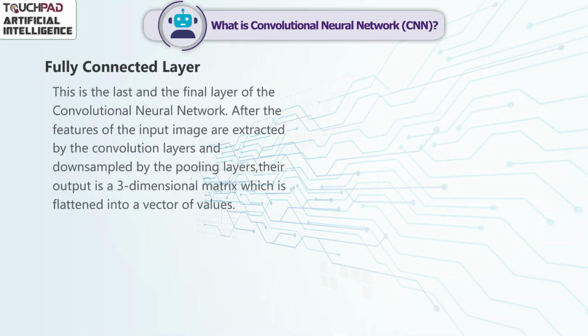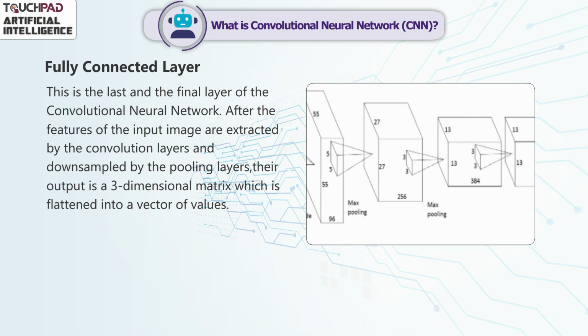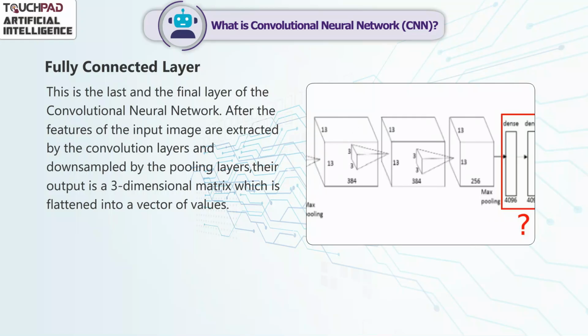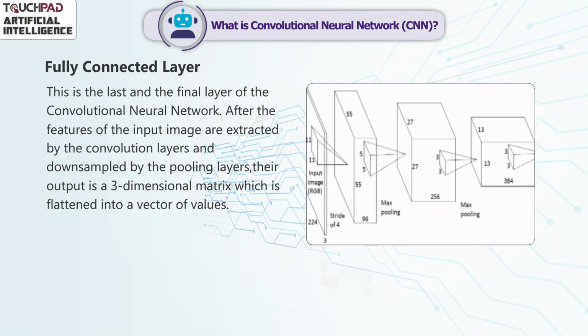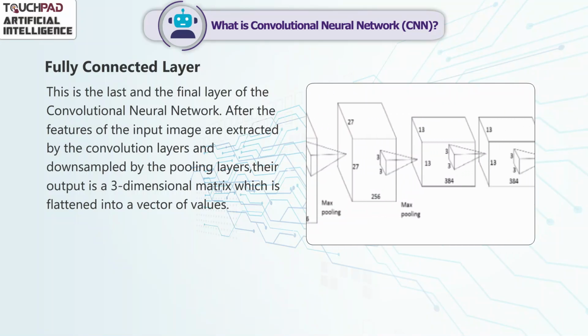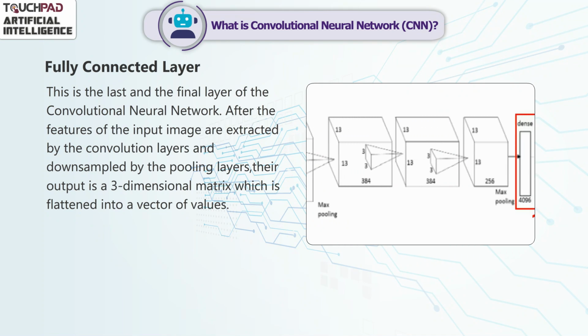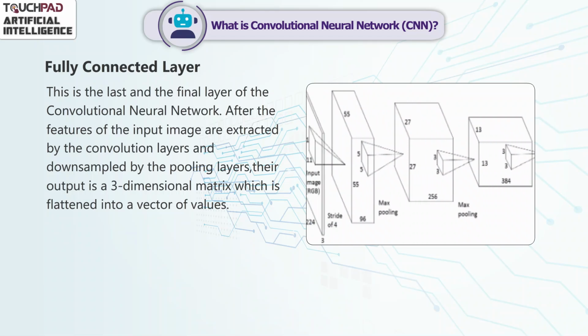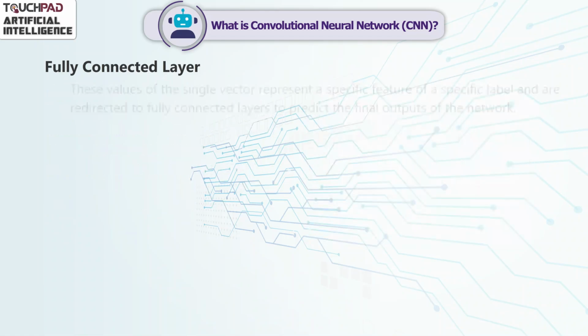Fully connected layer. This is the last and final layer of the convolutional neural network. After the features of the input images are extracted by the convolution layers and downsampled by the pooling layers, their output is a three-dimensional matrix, which is flattened into a vector of values.